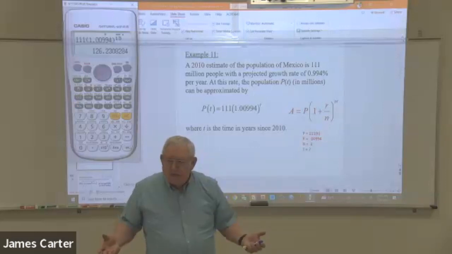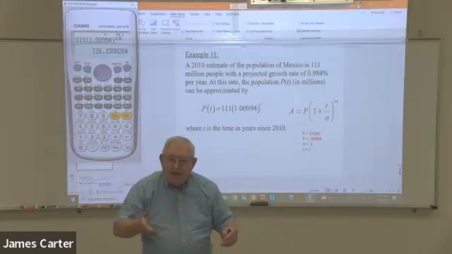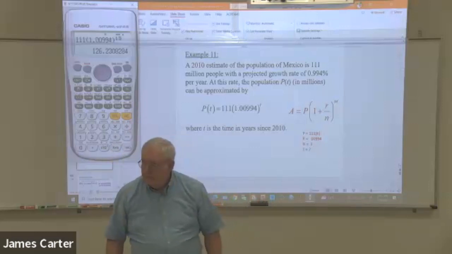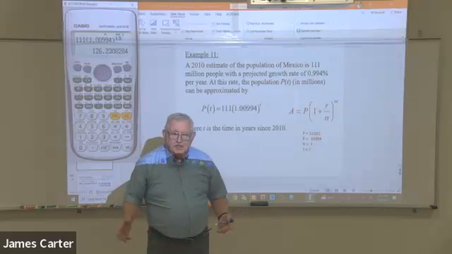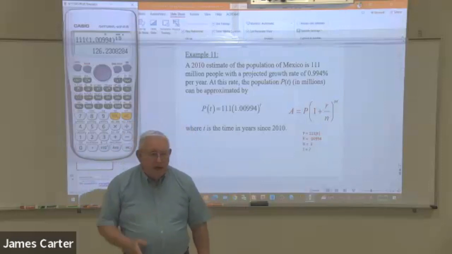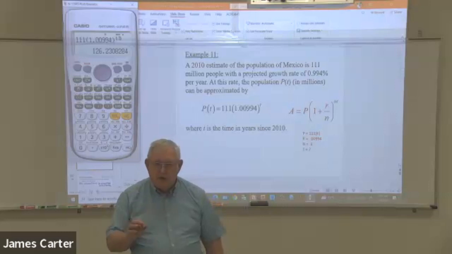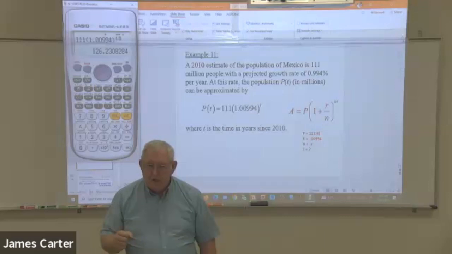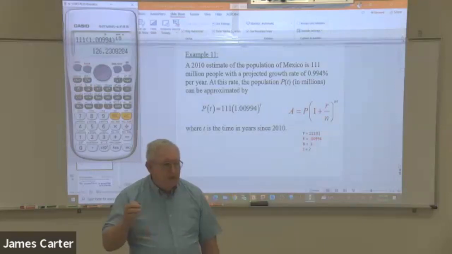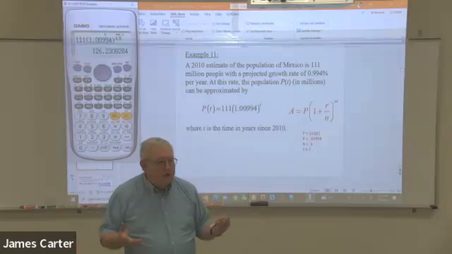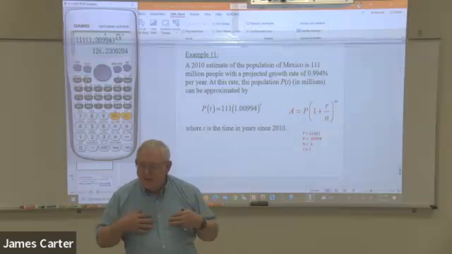Now, is that absolutely accurate? No. It assumes that it's a continuous, steady rate of increase. Something to do with birth rates and things like that. The United States is going to have a huge differential in the next few years. The annual birth rate in 1921 in the US was 3.3 million babies live born. That's how much our population conceivably would increase each year if you don't kill off some people, the old folks like me.